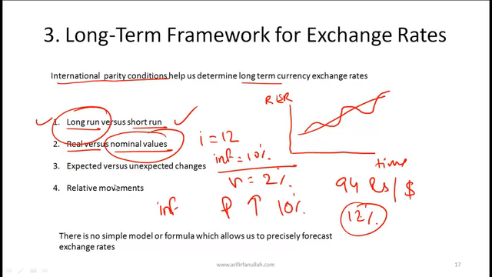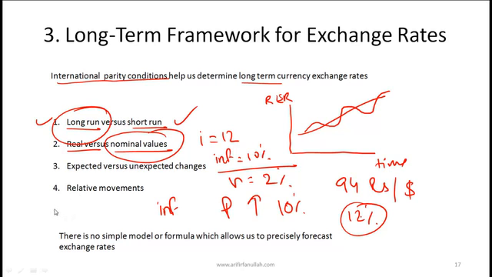And finally, relative movements. When we talk about currency exchange rates, let's say that one determinant of currency exchange rate is inflation in the two countries. So again, continuing with Pakistan and the US, the point here is that if exchange rate is being influenced by inflation, what really matters is the difference in the inflation of the two countries.